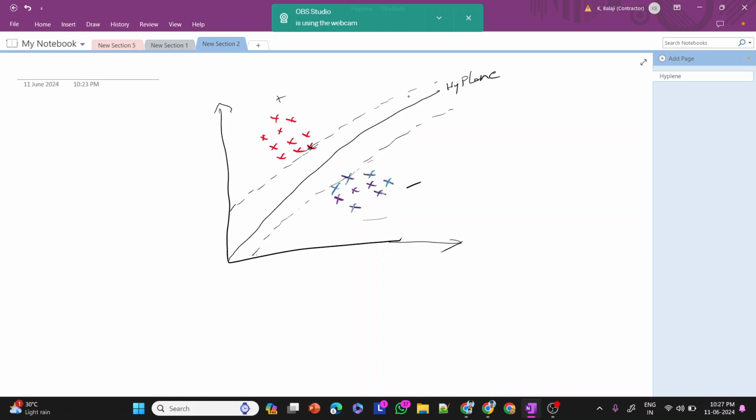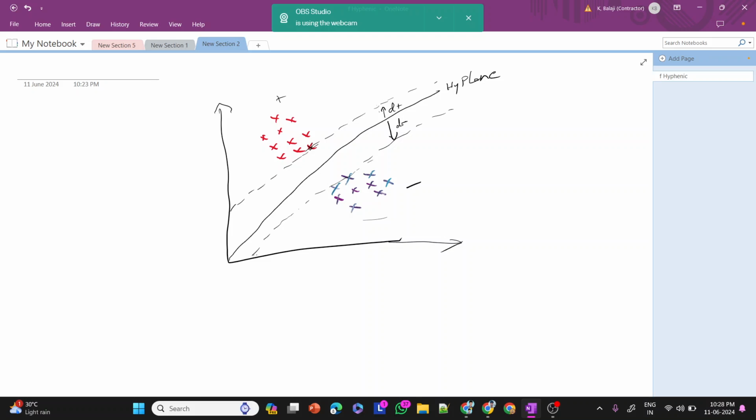The distance between the hyperplane and the positive line is called d plus, and the distance between the hyperplane and the line which touches the negative group, we can indicate as d minus.